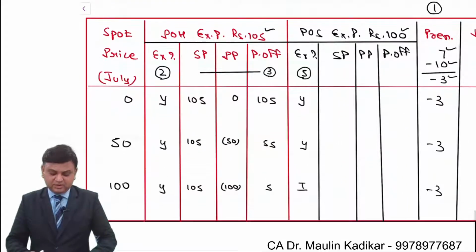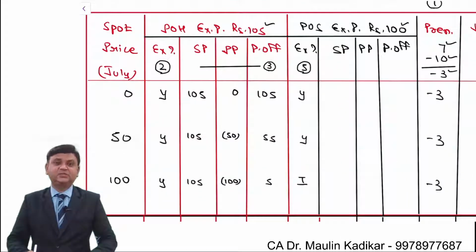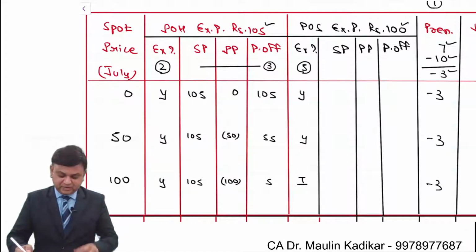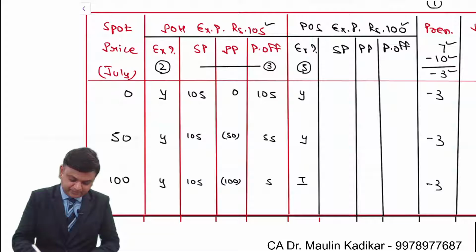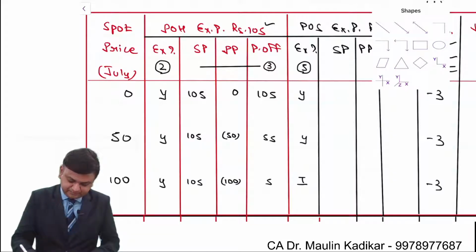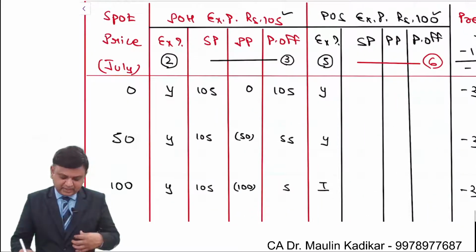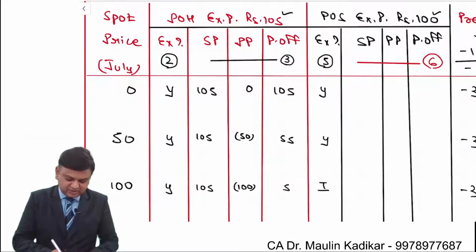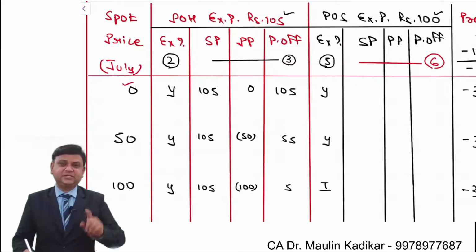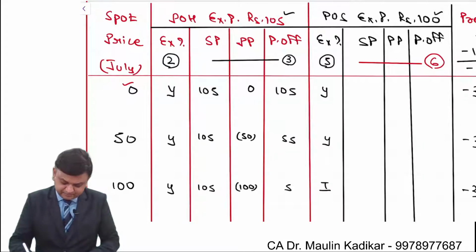Now we understand that, when the spot price is 100, comes the next point, the payoff. That is step number 6. When the price is 0, the person to whom I have sold the right will come to my residence and sell the security to me at the rate of 100.